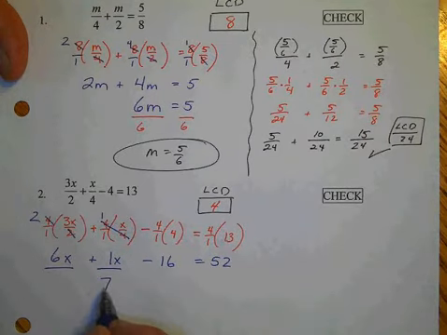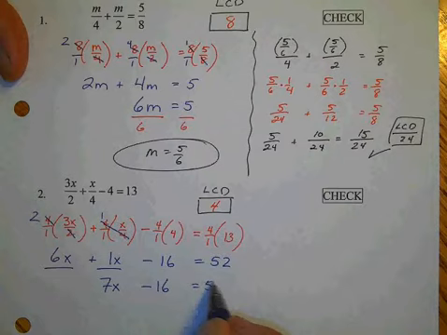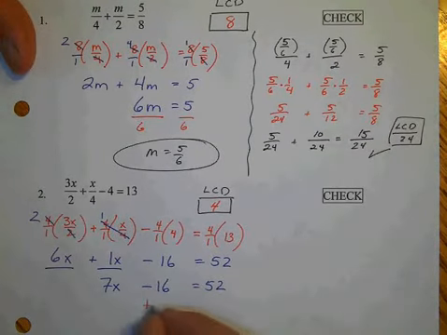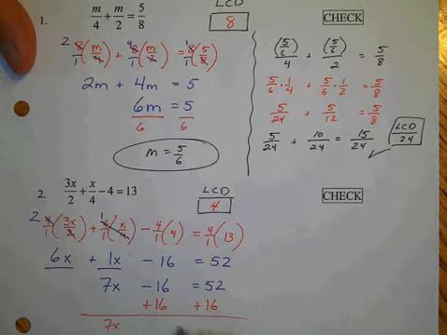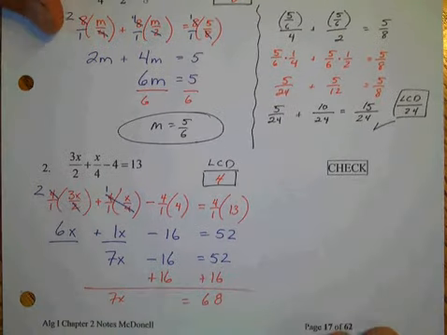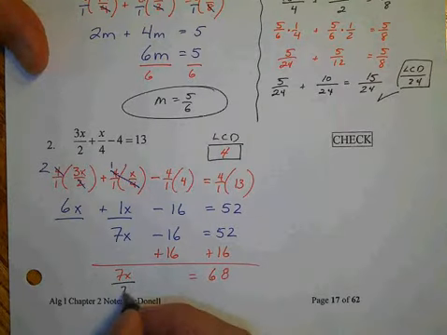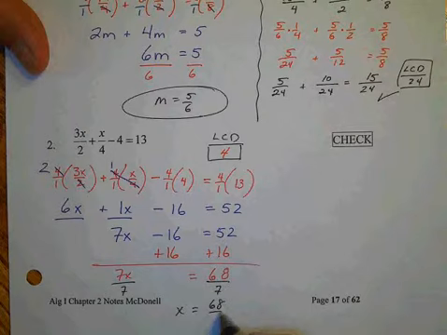We combine those together to get 7x minus 16 equals 52. To undo the minus 16, we're going to add 16. That gives us 7x equals 68. To solve this, we're going to have to divide both sides by 7, excuse me. That gives us x equals 68 over 7.